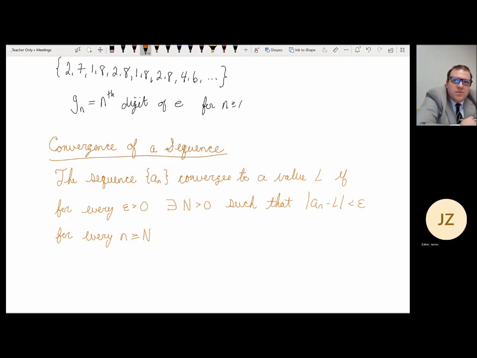They're the same thing. The idea is the same. There is some point in the sequence at which every term after that falls within that epsilon band of L.